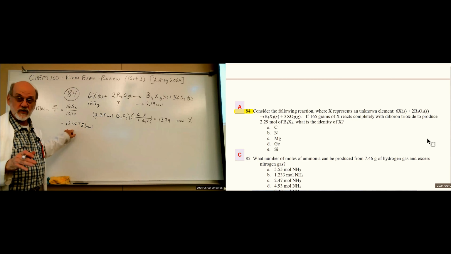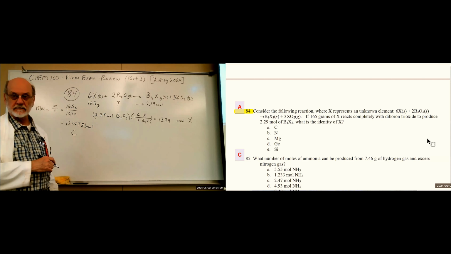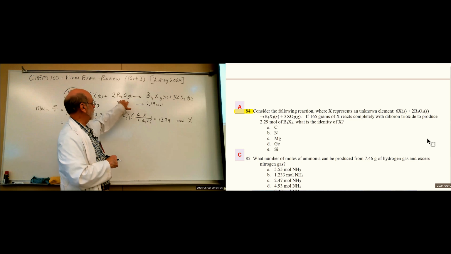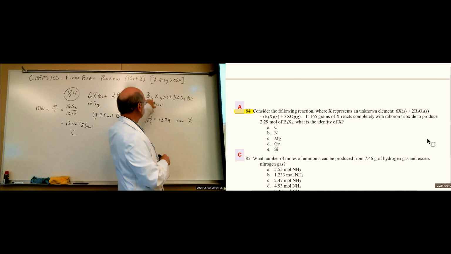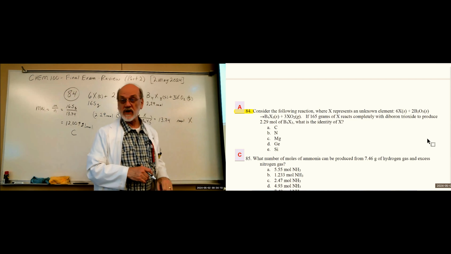And if you do that, you'll find that this one is carbon. So we reacted carbon with diboron trioxide to produce B4C3 and CO2 gas.